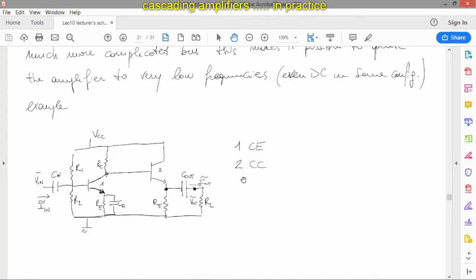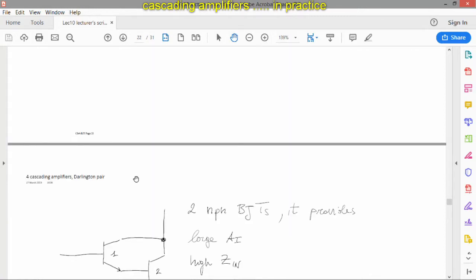You can't go stage by stage. So that's the additional complexity. But the advantage is there is no capacitor in this link. I'm removing a capacitor from the way. And I will show you in a moment, in the circuit diagram of operational amplifiers, there are effectively one or two capacitors. They are all DC coupled.